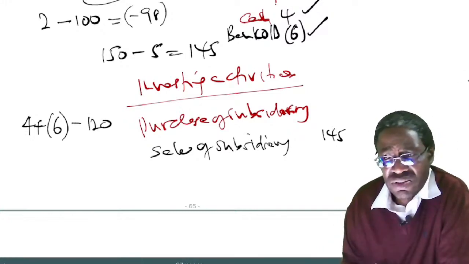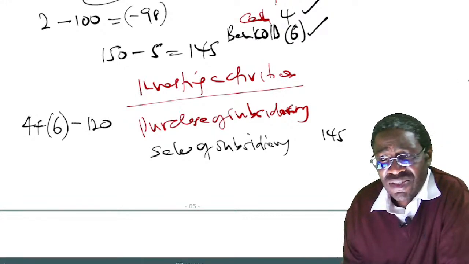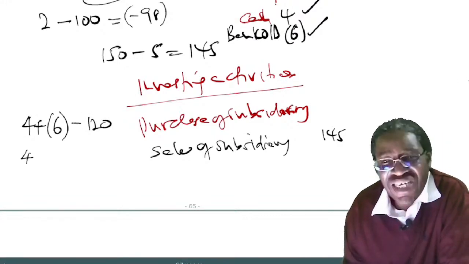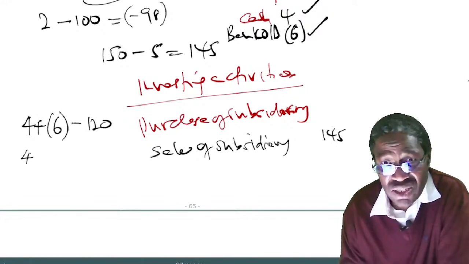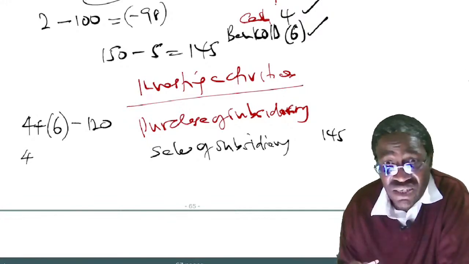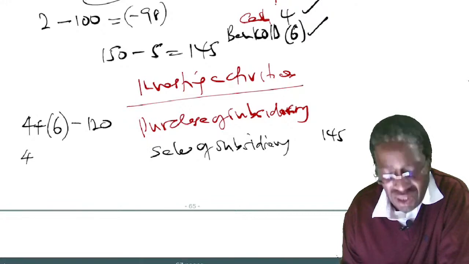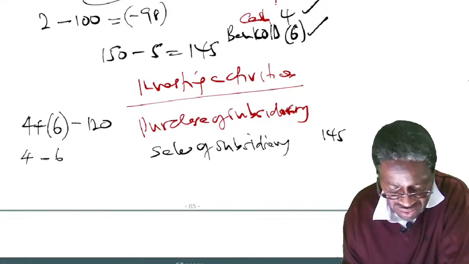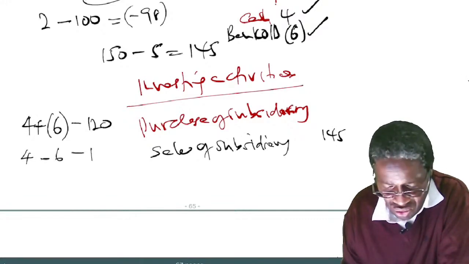What is the overall? So I take that 4 plus a negative 6. Plus a negative is a negative. Then I minus 120.